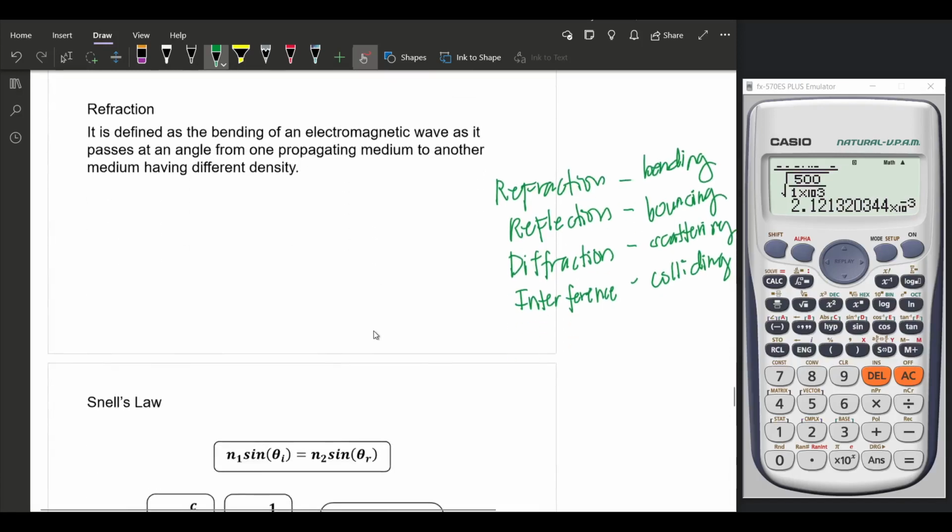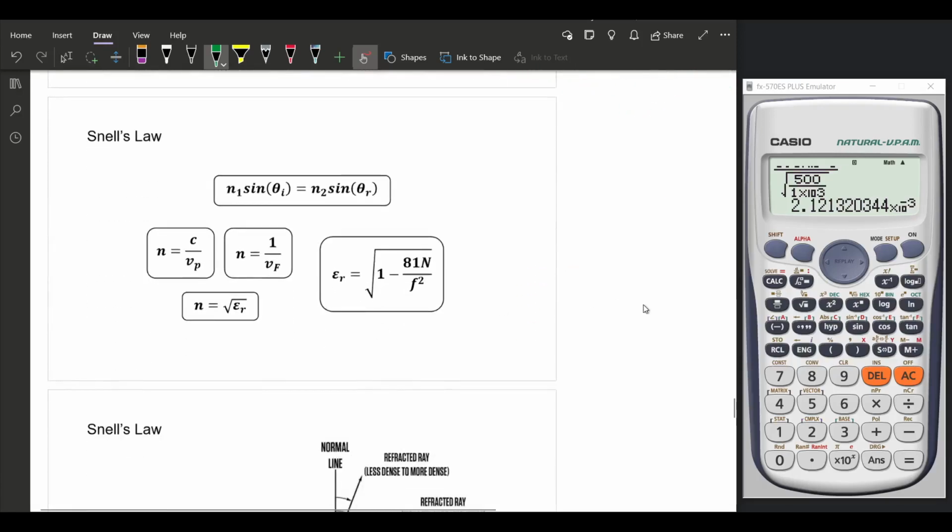Okay? So, may kinocompute dito yung sa refraction, using this Snell's law. So, remember the Snell's law sa optics. Ito yun. Parang ratio and proportion lang din. So, index of refraction nung una, tapos yung sine nung angle of incidence is equal to the index of refraction nung second medium times yung sine nung angle of refraction.